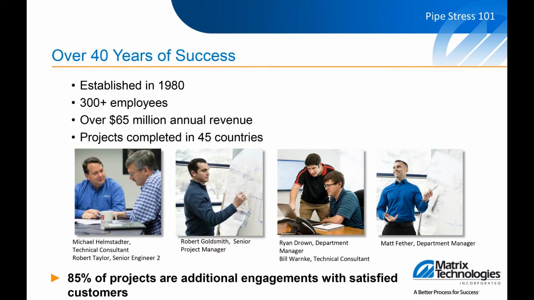One of the big stats that we're very proud of is this 85% additional engagements with satisfied customers. That tells us that what we're doing is helping our customers meet their needs. It's satisfying their needs. So that's one that we really pride ourselves in.